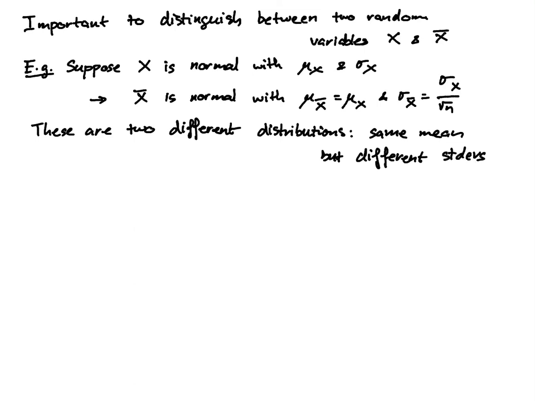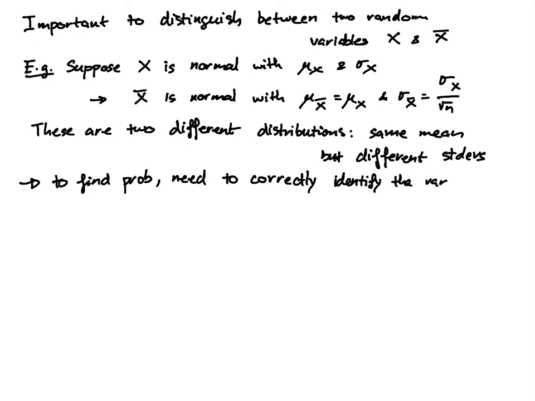So, to find probability, we need to correctly identify the variable of interest.